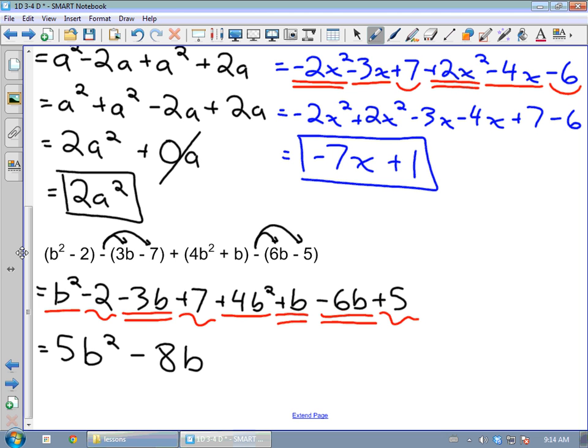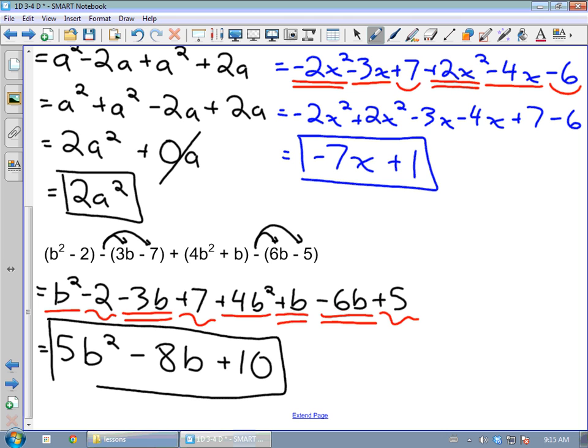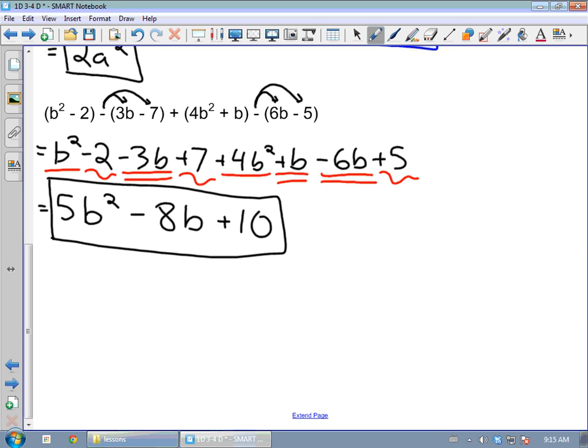Negative 2 plus 7 is 5, plus another 5 is 10. And there's our answer. 5b squared minus 8b plus 10. And that's where we're going to stop.